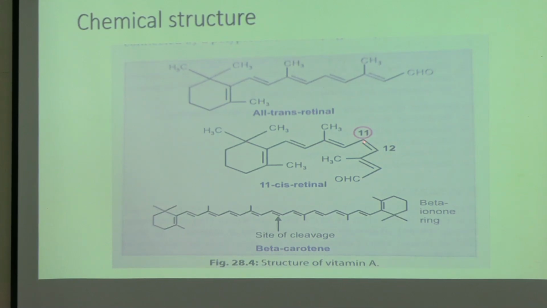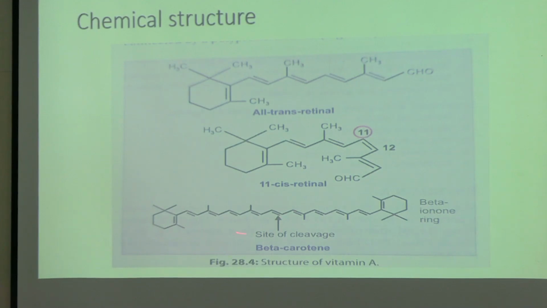This side chain can fold at carbon 11, and this structure, called all-trans retinol, is changed to 11-cis retinol. And this is the beta carotene structure. See, here two ring structures are there, held together by their chain. So when they cleave, they give rise to two molecules of vitamin A.